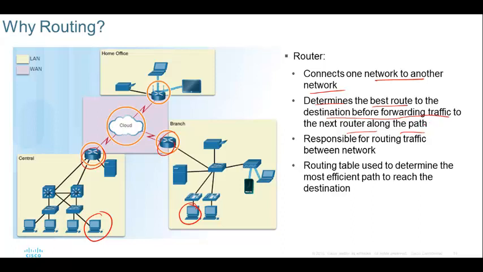So to route the traffic between the networks, router is the device which is responsible. And to do that, a routing table is used, isn't it? Now, how will the routing table be built? One, for the directly connected, it will build dynamically. For the remote networks, you have dynamic routing protocols or static route, isn't it?